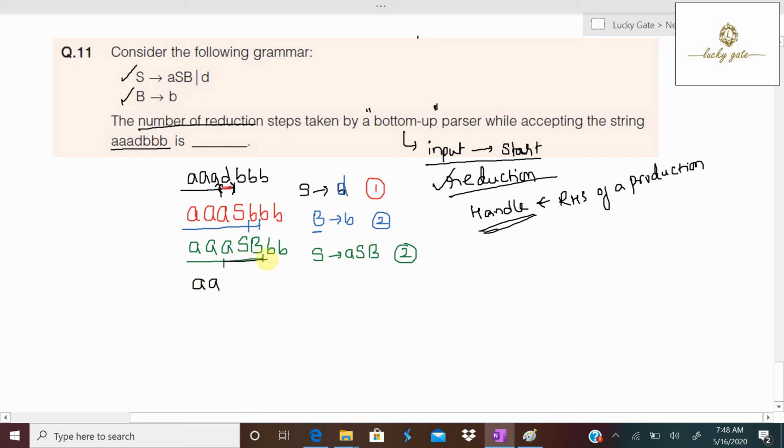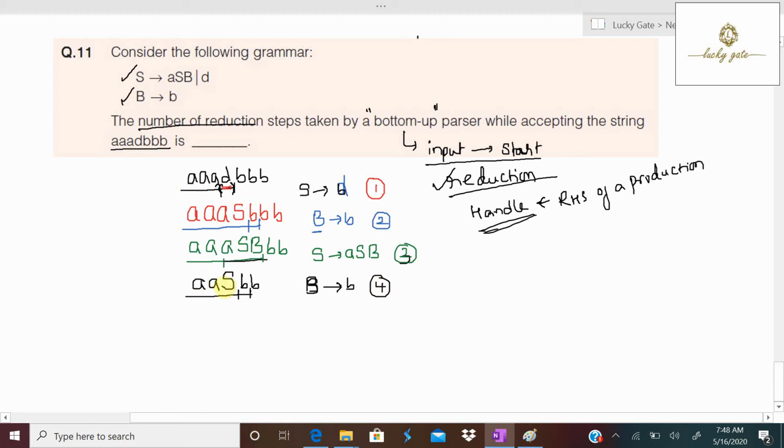This ASB is completely replaced with a single S, and we have two B's. Again repeat the process of scanning from left to right and stop as soon as you find a handle. Here the handle is B tends to b.